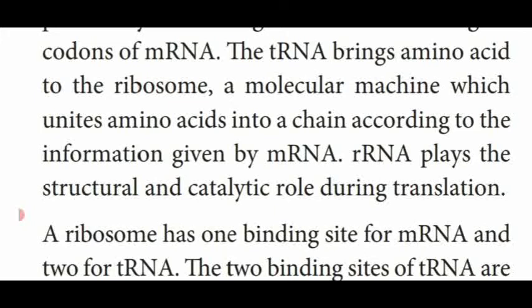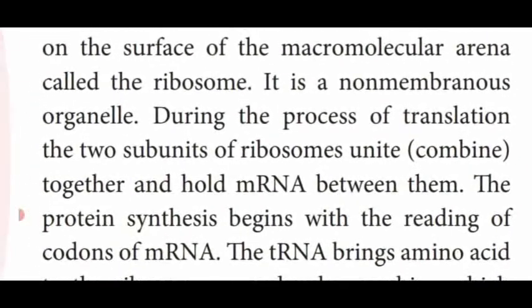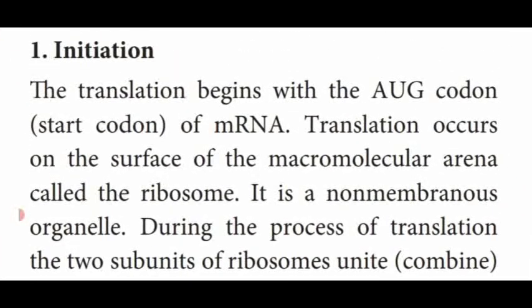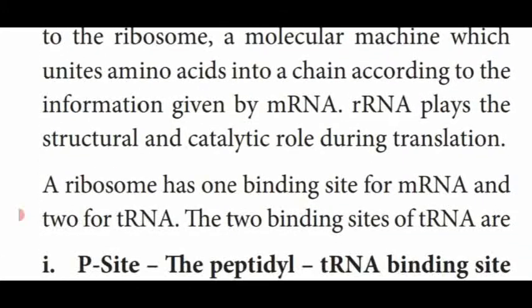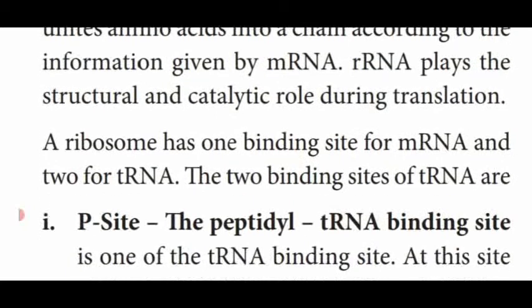Another is rRNA, where structural changes and also catalytic processes are done by the rRNA during translation. So these are all the different initiation processes which take place in the mature RNA.